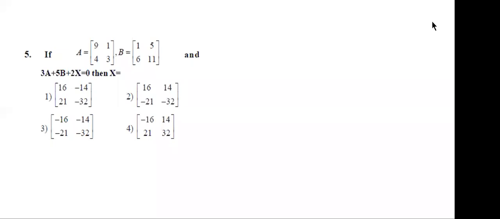A matrix and B matrix are given, and 3A plus 5B plus 2X is equal to 0. Then X is equal to, right here, 3A plus 5B plus 2X is equal to 0, so 2X is equal to minus of 3A plus 5B.